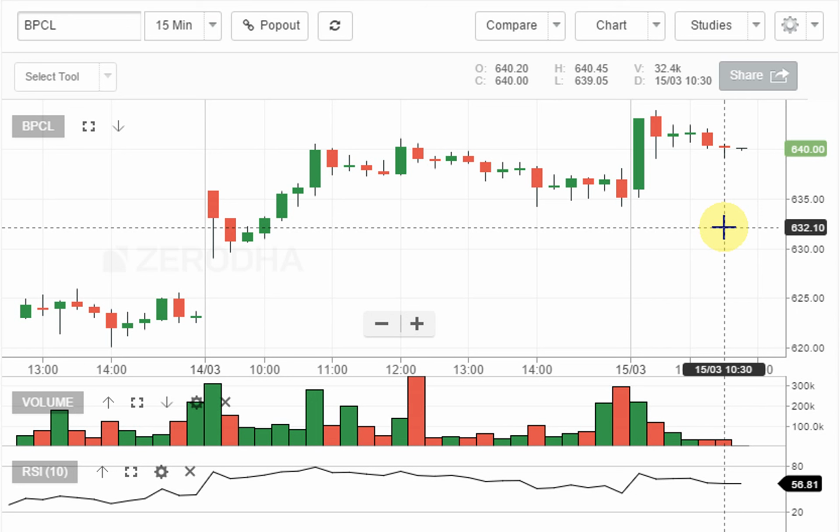You can see the high is at 640.45, so you can take it at 641, and on the downside the low is 639, so you can take 639. As it breaks 639 or 641, the ups and downs will be according to that.